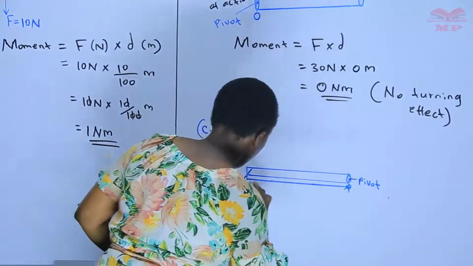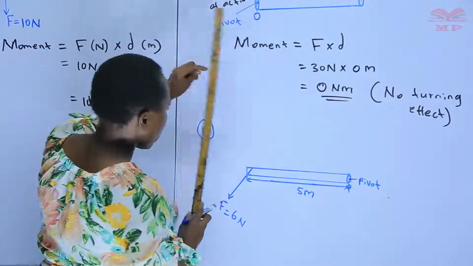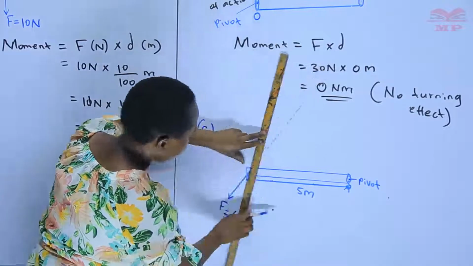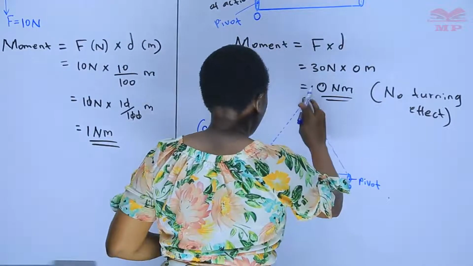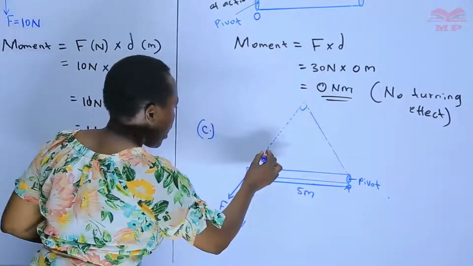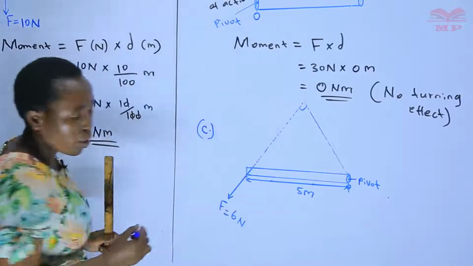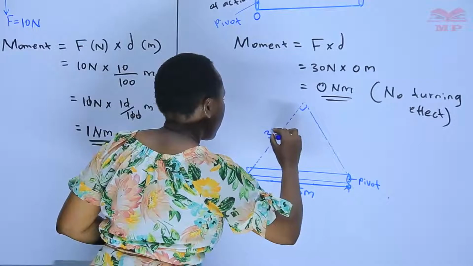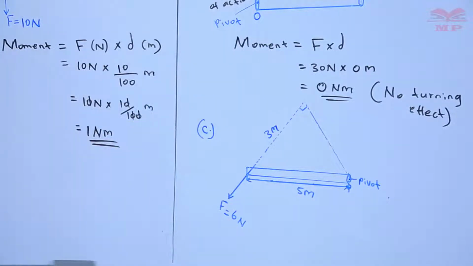We've also been given this other distance here. We have extended this from this point, and we have been told that this makes an angle of 90 degrees, and the distance from this point all the way to this point we have been given as 3 meters. We have 3 meters, and now we want to calculate the moment.